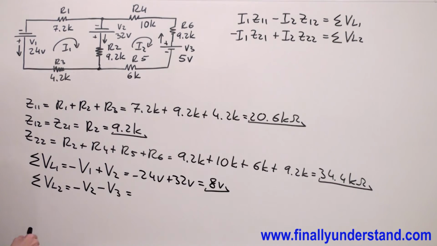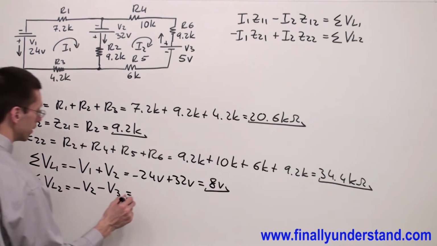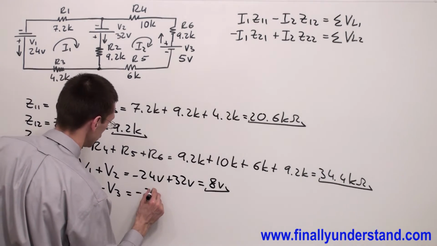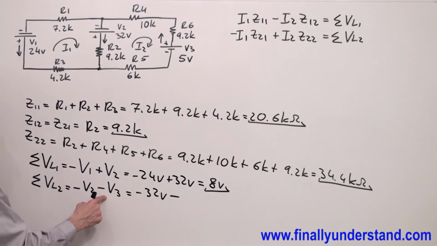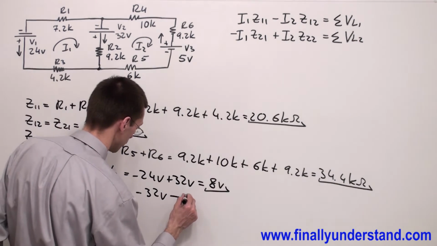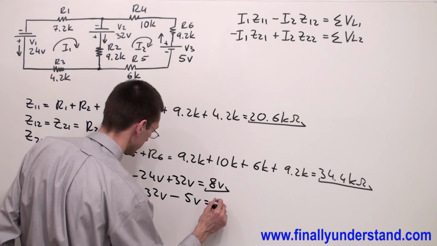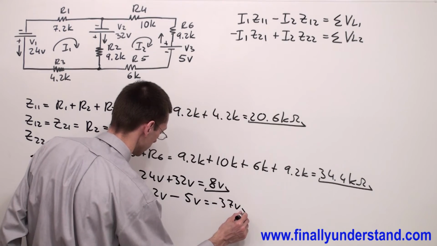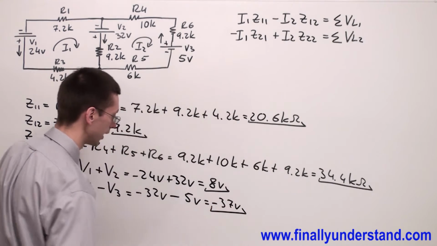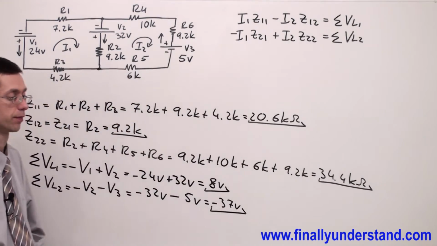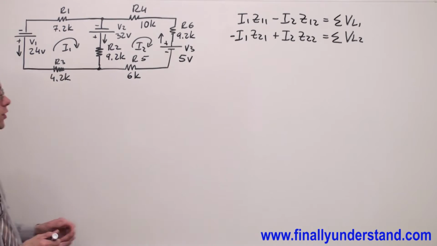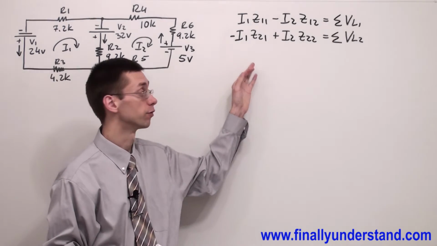And I have negative V2, negative 32 volts, minus V3, which is equal to 5 volts, is equal to negative 37 volts. Next, we can write the mesh equations. To write mesh equations, I'm going to use the general formula.